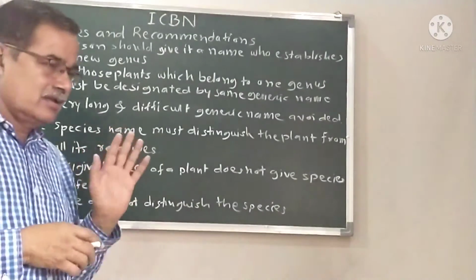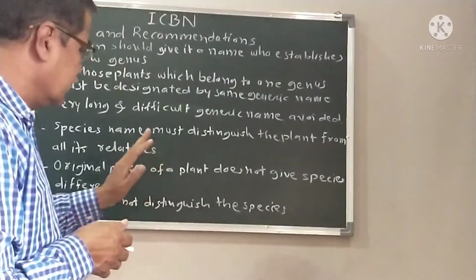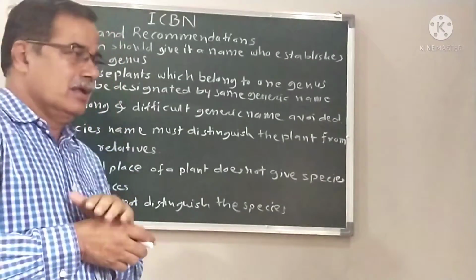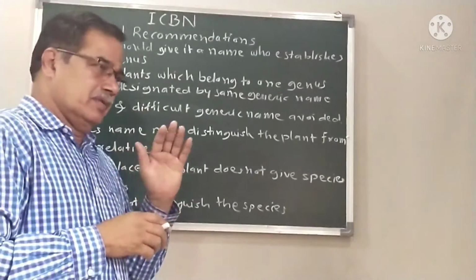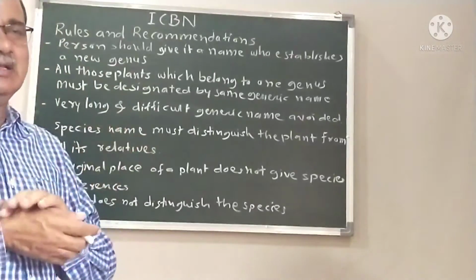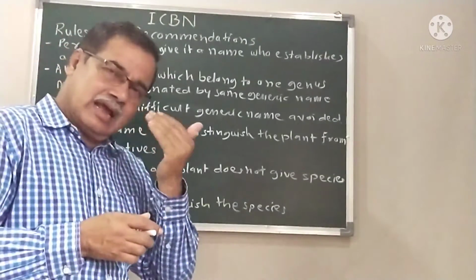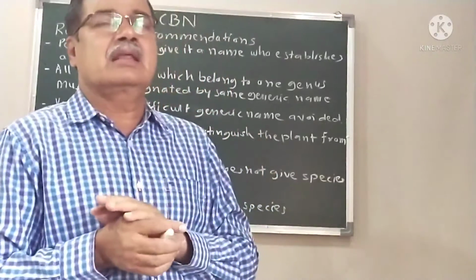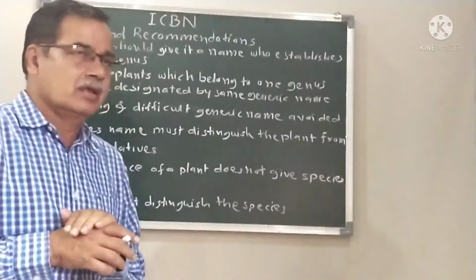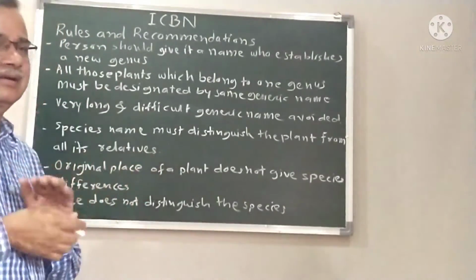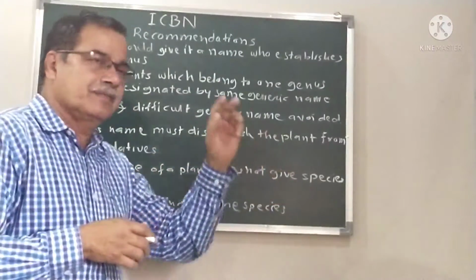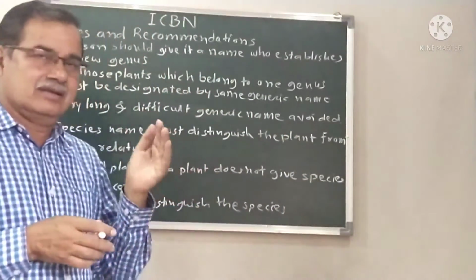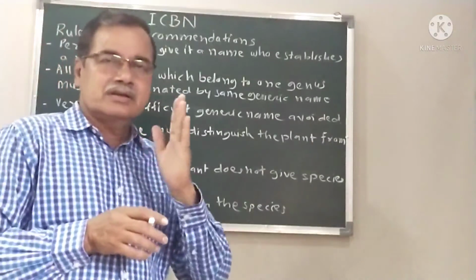Plants collected from a particular place are given a species name, but if the same species is distributed and placed in a different locality, the name is not given according to locality. If a species occurs in Maharashtra and the same species occurs in Orissa, the name does not change depending on the place where they are obtained.